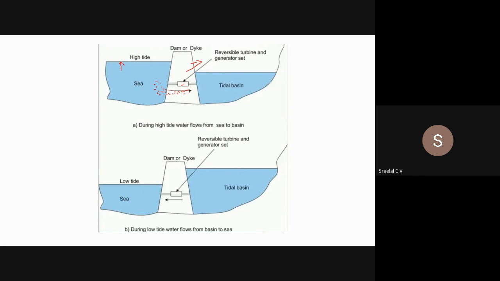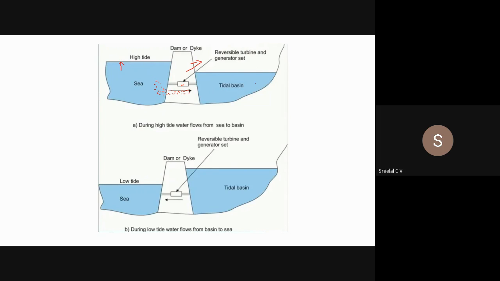Here we have to understand that we will be constructing a dam, which is this one, separating this. Here we will have a basin called tidal basin, and the ocean.